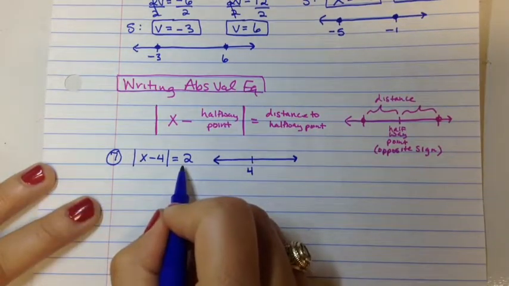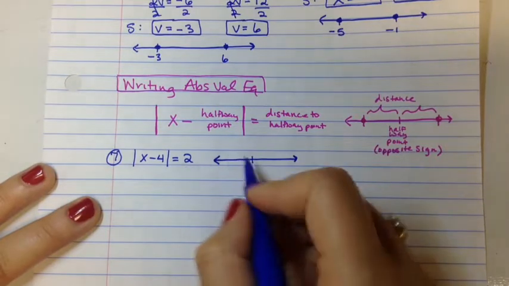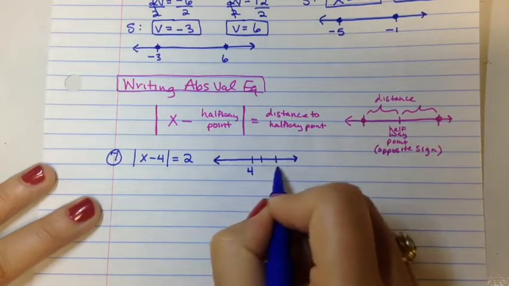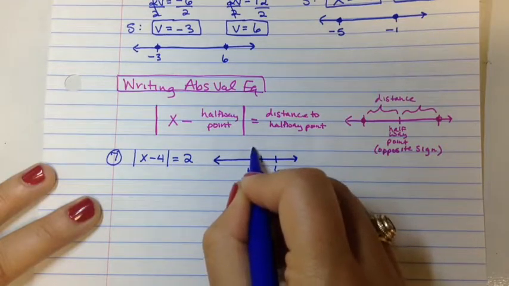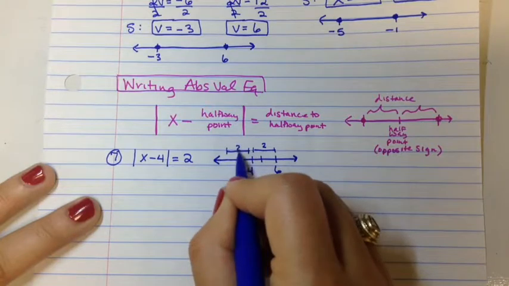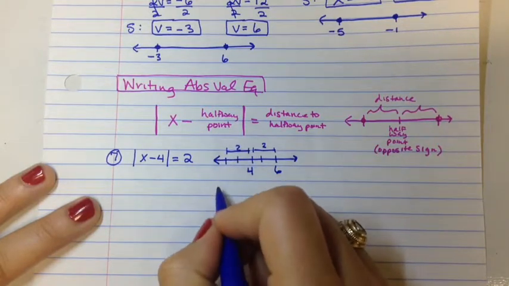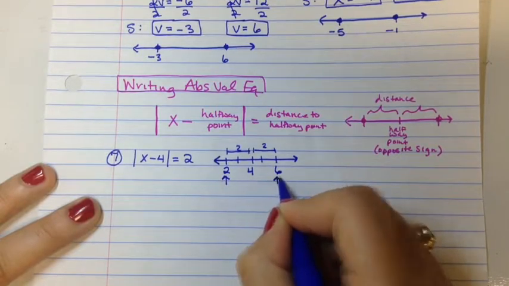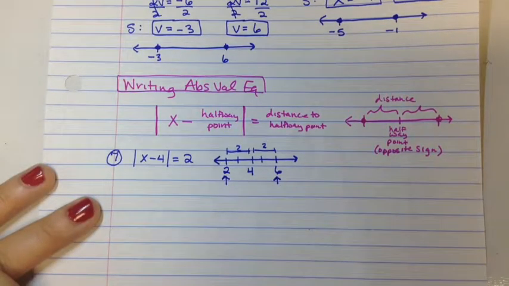This is my distance away until I get to my solution. So from 4, I'm going to go 1, 2 spots away, 4, 5, 6. Okay, like this is a distance of 2. Then I'm going to go distance of 2 this way. So my two solutions here are 2 and 6, based on the drawing.